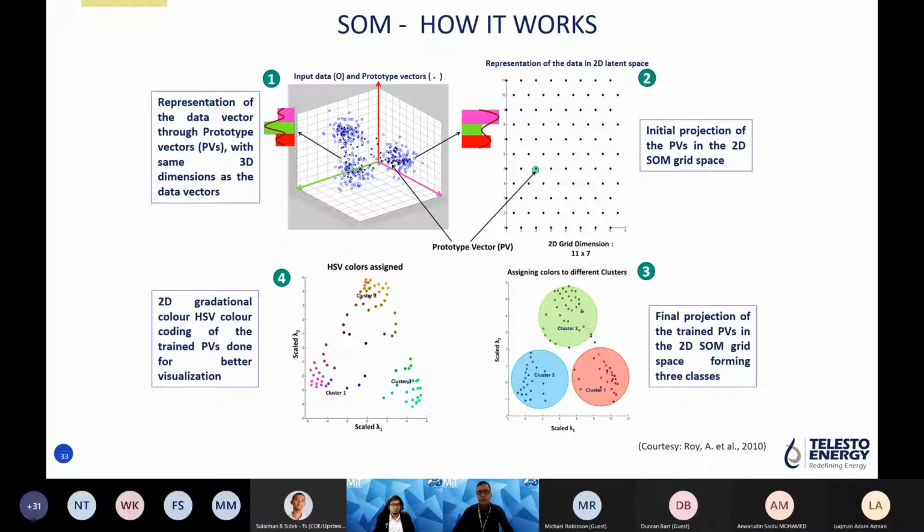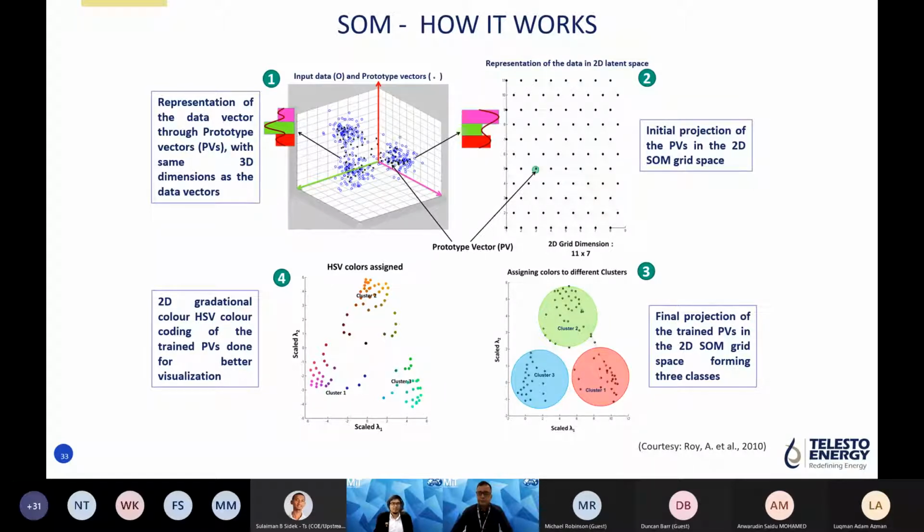It's 11 by 7, and this is customizable depending on the amount and volume of data that you are going to use. So just remember, this is higher dimensional data projected into a two-dimensional latent space. However, it carries all the characteristics of all the attributes and preserves the geometrical relationship.